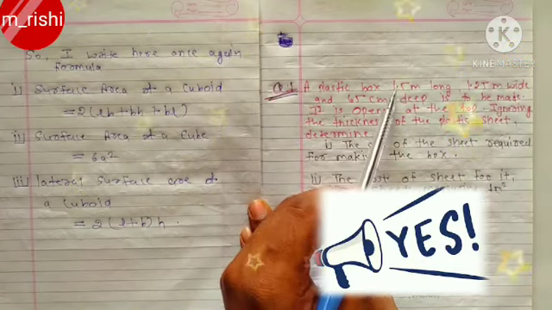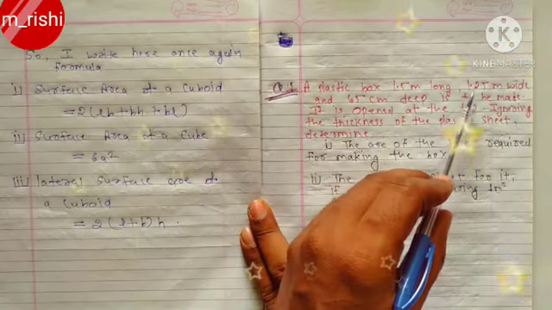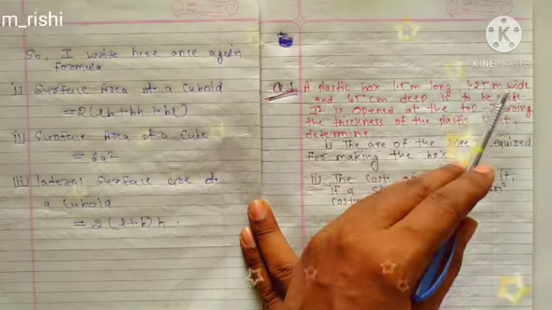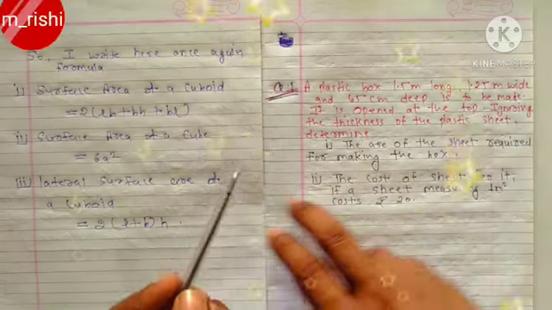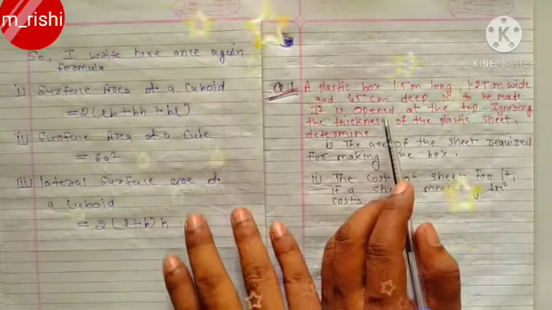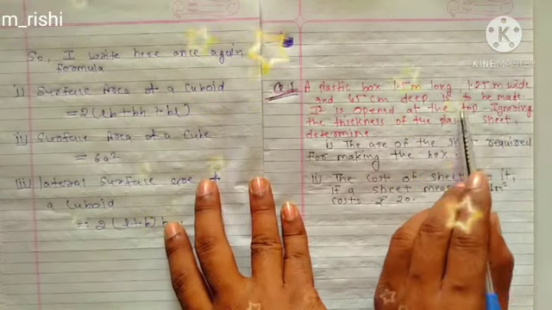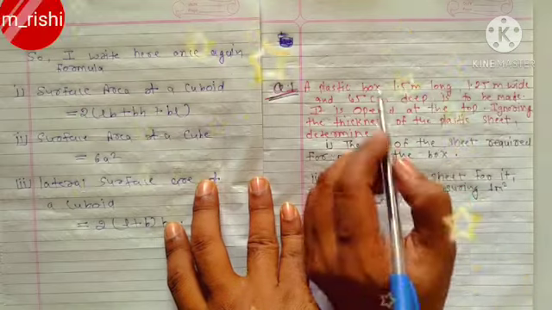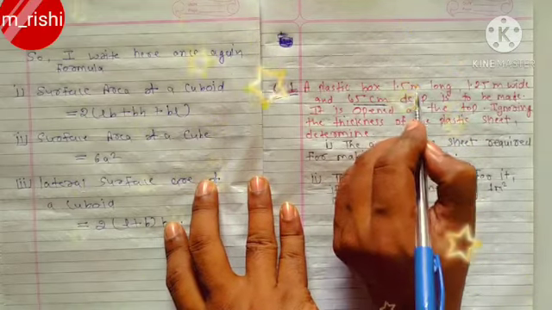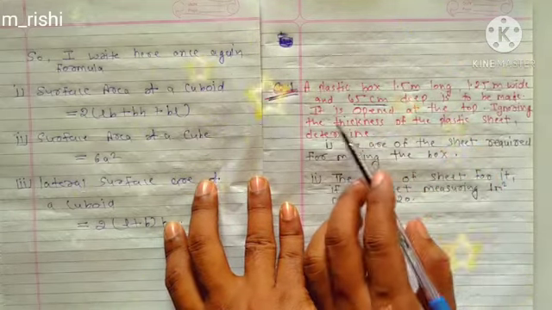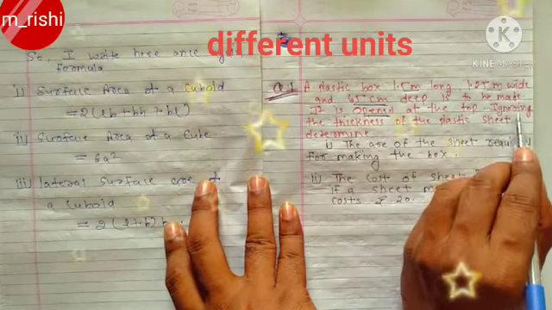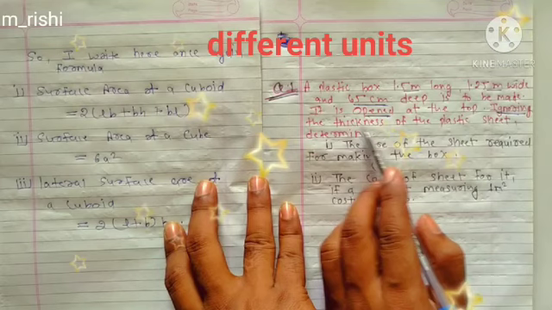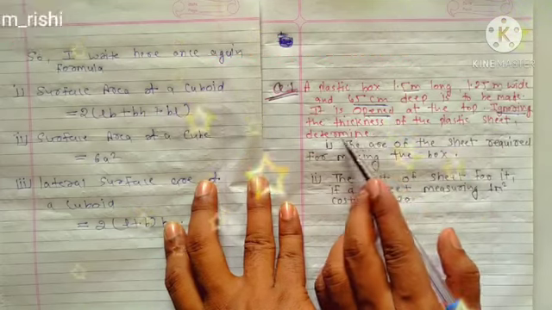First: a plastic box 1.5 meter long and 1.25 meter wide and 65 centimeter deep. You see here the units are different. The box is open at the top, ignoring the thickness of the plastic sheet.